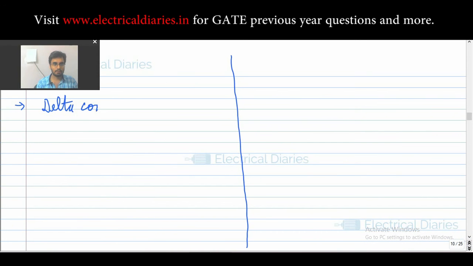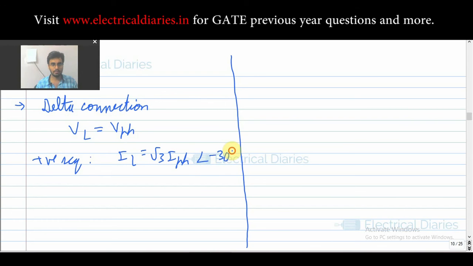In delta connection, we know that V line is equal to V phase, but for the positive sequence, I line is equal to root 3 times I phase, and I line will lag. In the negative sequence, I line is equal to root 3 times I phase, but this time it will lead.